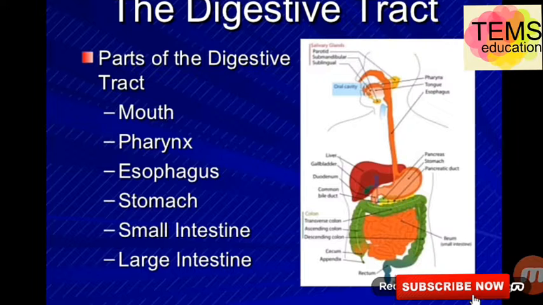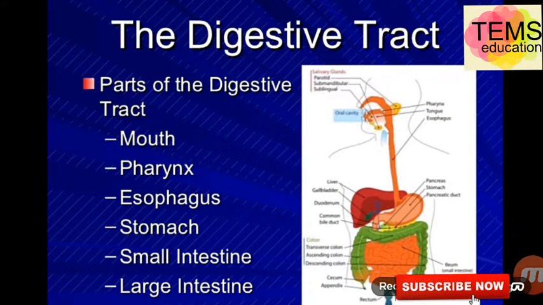The parts of the digestive tract are the mouth, pharynx, esophagus, stomach, small intestine, and the large intestine. These are the parts of the digestive tract.